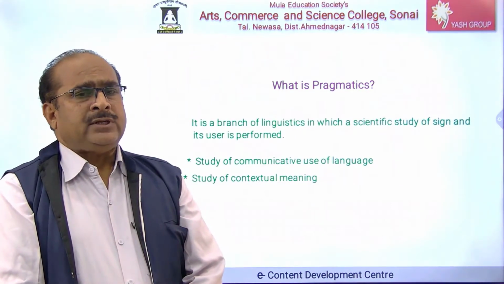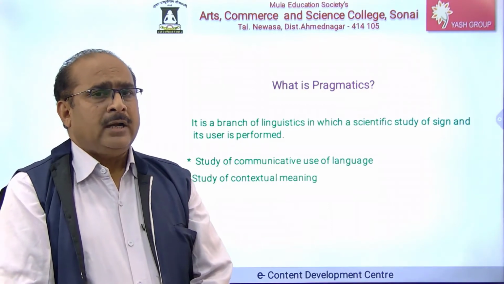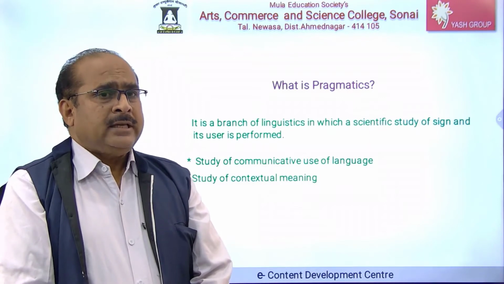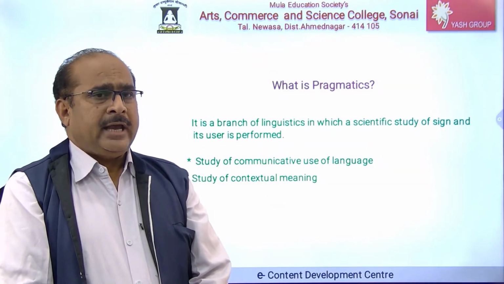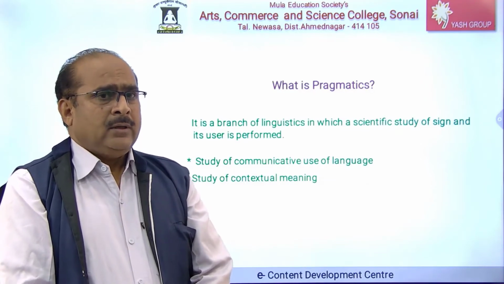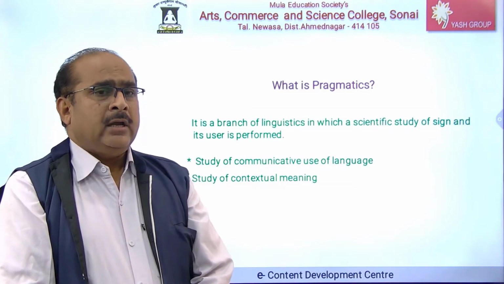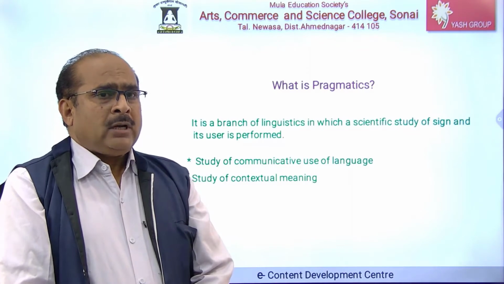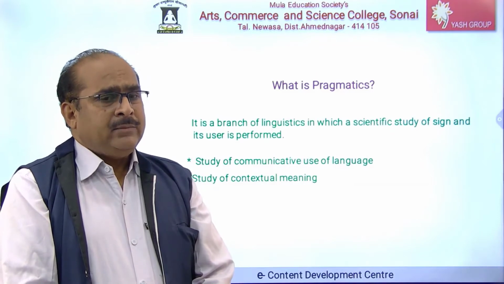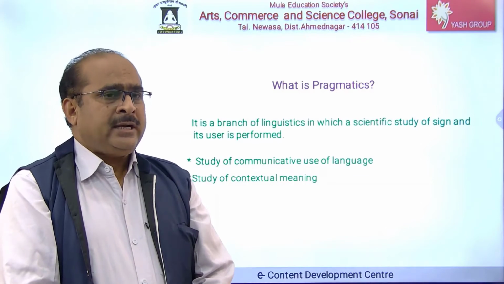It is a branch of linguistics in which a scientific study of sign and its user is performed. For example, take the word cat, C-A-T. You will notice that these three letters, C, A, and T, are basically signs. When they are placed in such order, that is, A follows C and T follows A, a particular kind of animal comes in front of our eyes, and that animal does not have any relation with these three letters.